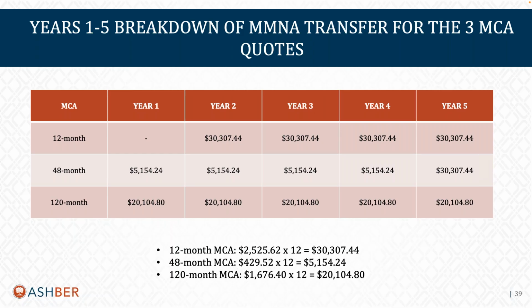And now, because there's no annuity in year 5 for the 48-month MCA, now that one is also entitled to the maximum MMNA benefit, whereas the 120-month MCA still has that monthly income. So that annual income transfer is going to be less.